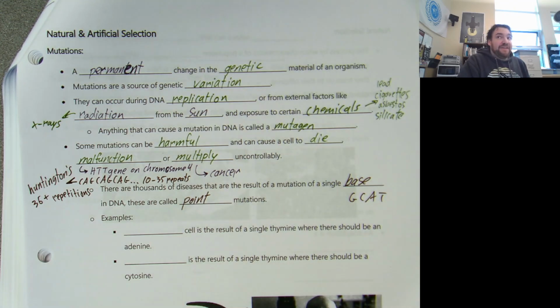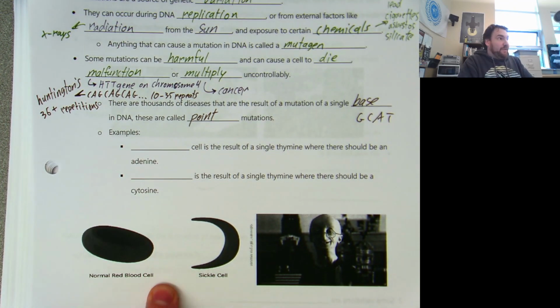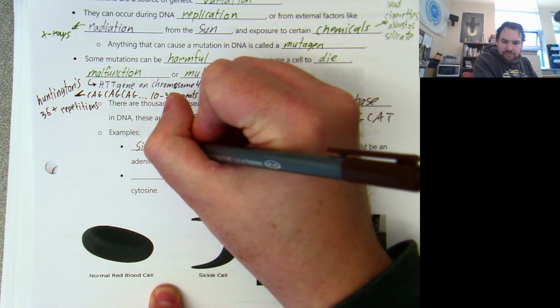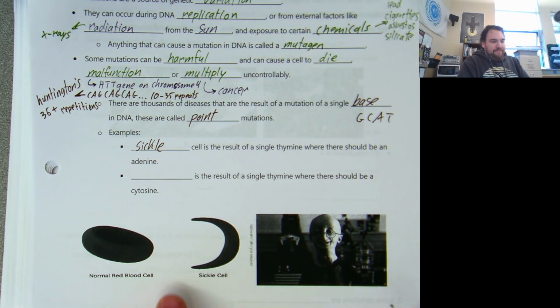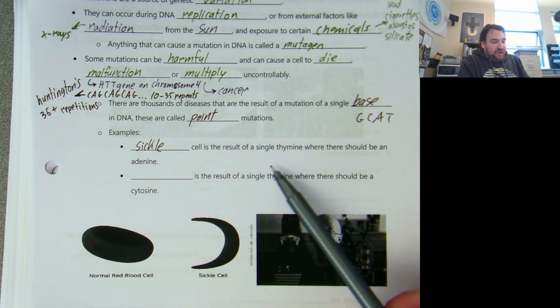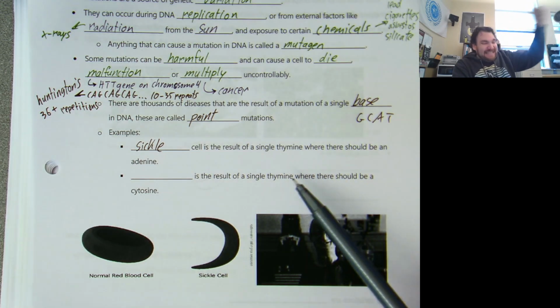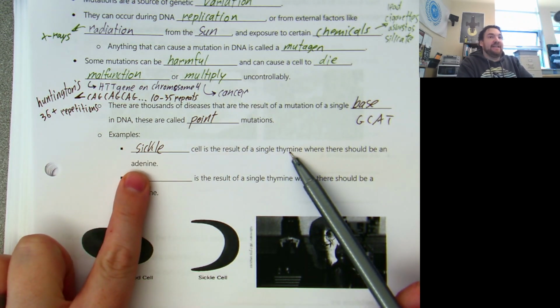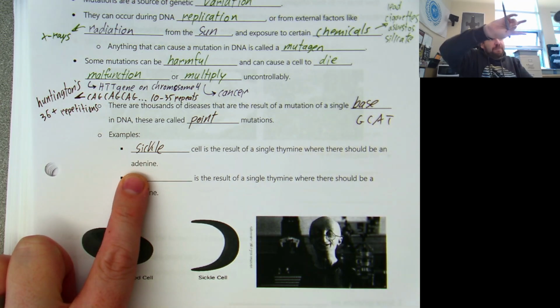An example of this is something we've already talked about, sickle cell, where your red blood cells don't form the way they're supposed to form. This is the result of one single thymine where there should have been an adenine. One nitrogenous base has been swapped for its partner.